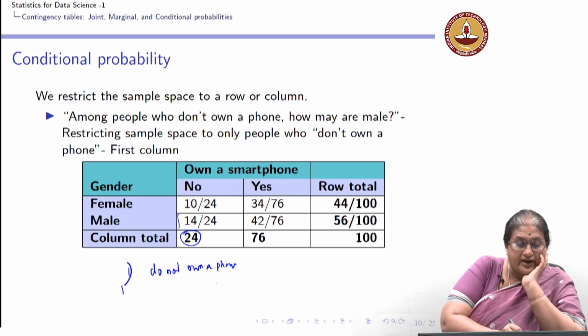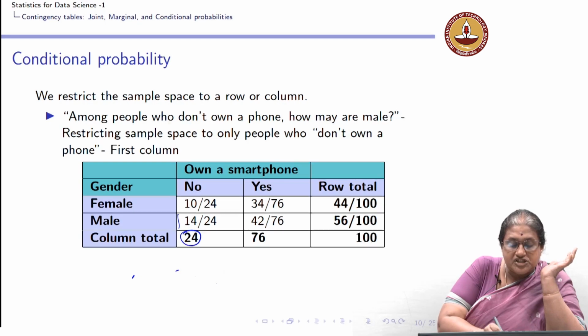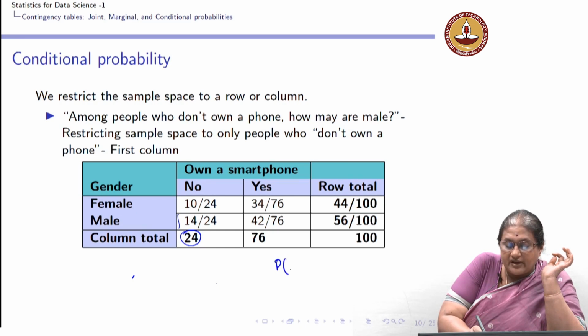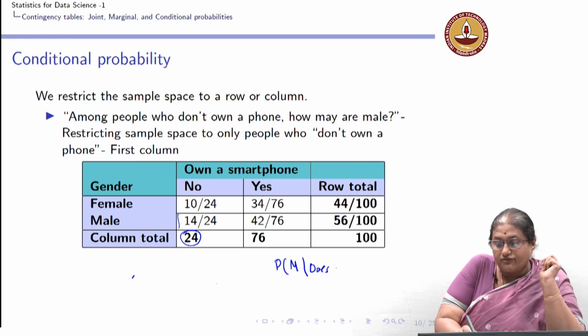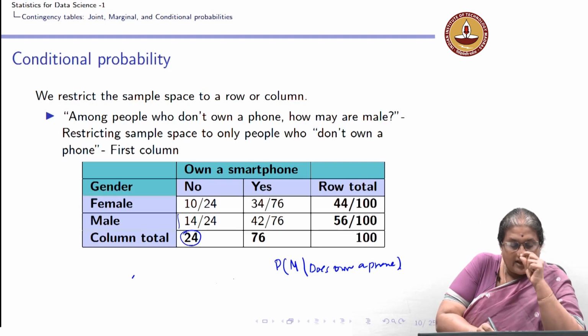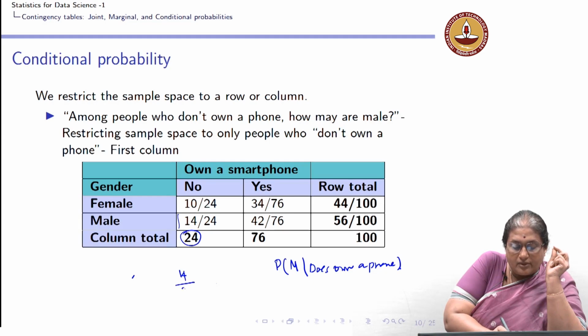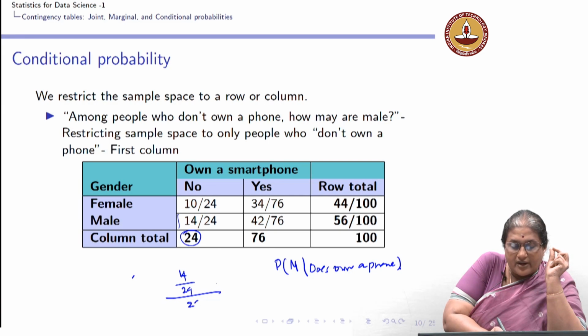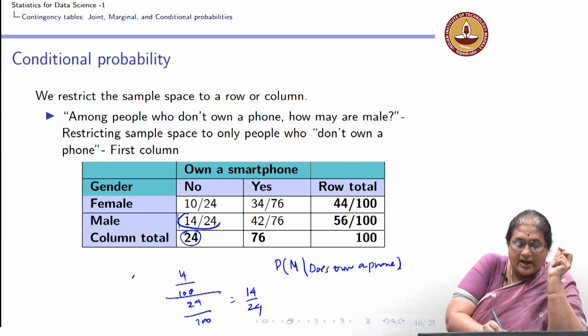So, if I want to find the conditional probability of being a male given a person doesn't own a phone, that would reduce to 14 by 100 divided by 24 by 100, which is 14 by 24, and that is what I have here.